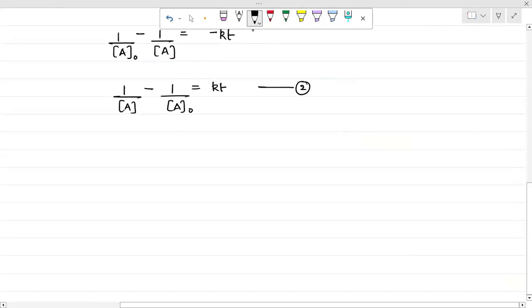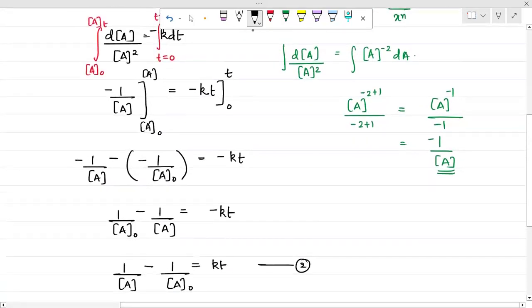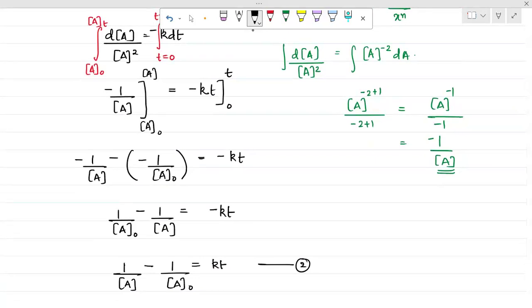If you put the A and A naught in opposite positions, you will get an entirely different answer. So, if you're not good at by-hearting, you should be good at derivation. You will be good at derivations only if you're strong in your basics. Okay? So, don't make it a mess. Take it slow. Understand the concepts. Take your time and keep moving.